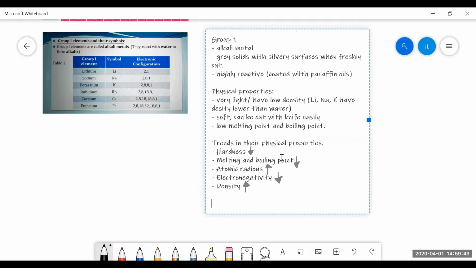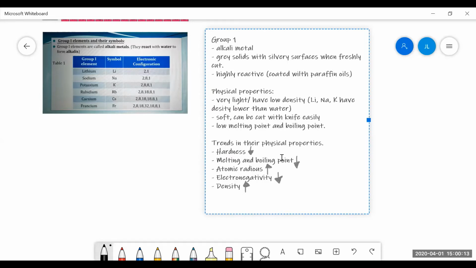Melting point and boiling point decrease as we go down the group because the size of the atoms increases. As a result, the interatomic forces between atoms decrease and a small amount of heat is required to overcome the metallic bonding force between atoms.